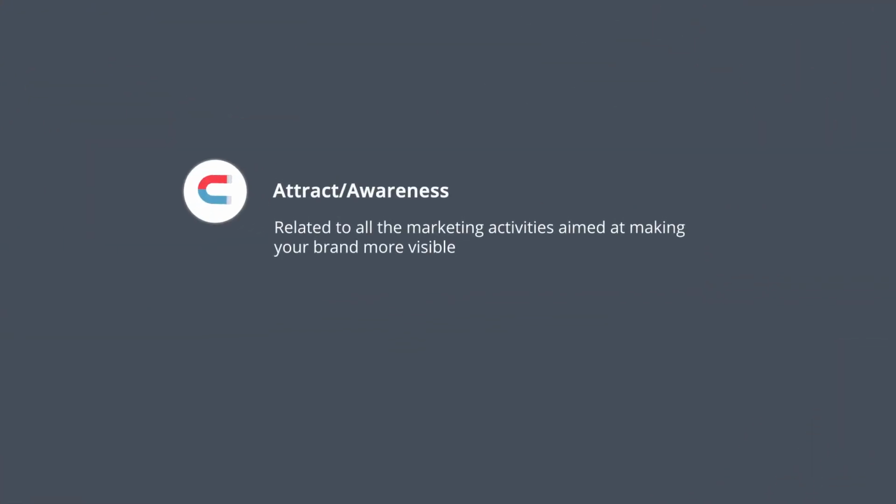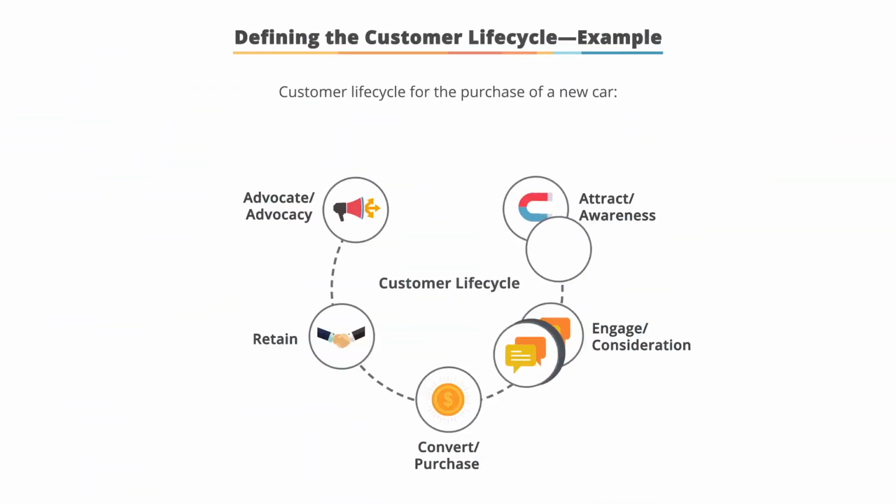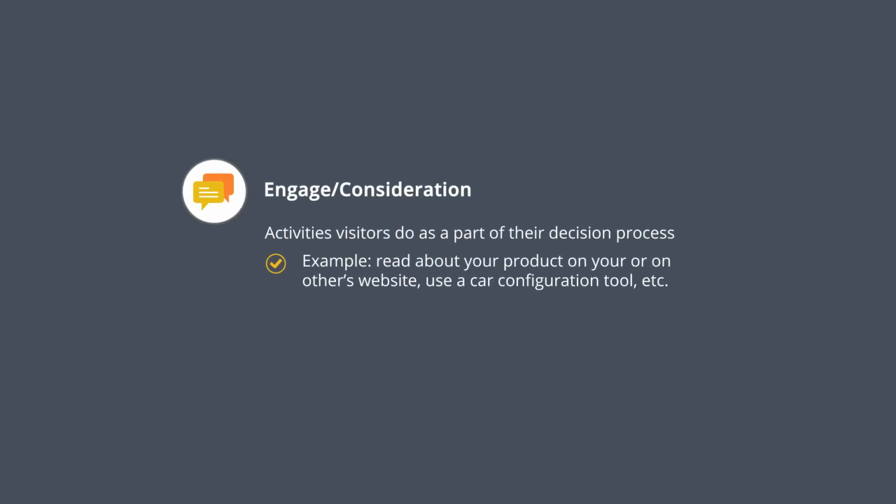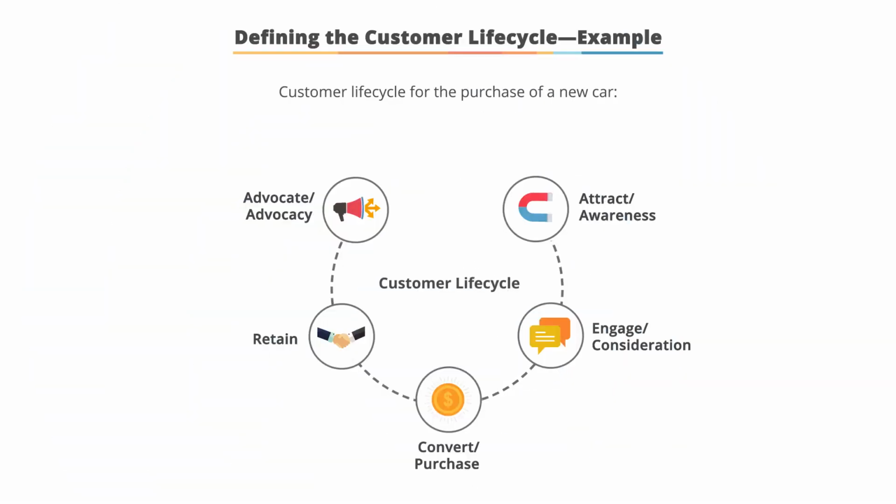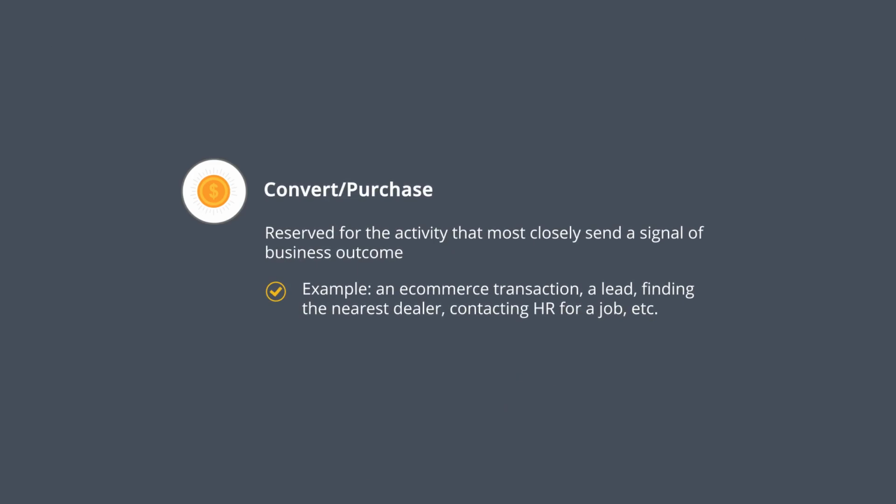Attract, as the name suggests, relates to all the marketing activities aimed at making your brand more visible. The engage phase are the activities visitors do as part of their decision process. Read about your product on your site or on other sites, use a car configuration tool, etc. Convert is reserved for the activity that most closely sends a signal of business outcome.